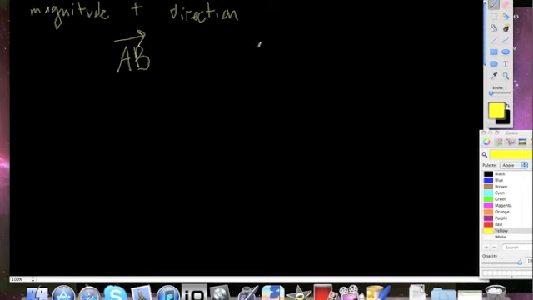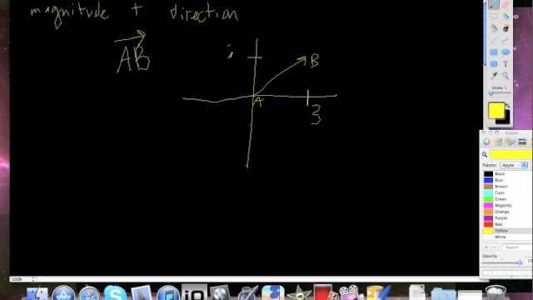Now, if you're going to measure vector AB, you would draw vector AB in a coordinate plane, and say it goes from 3 on the x-axis and up to 2 on the y-axis. This vector would have the components 3, 2.